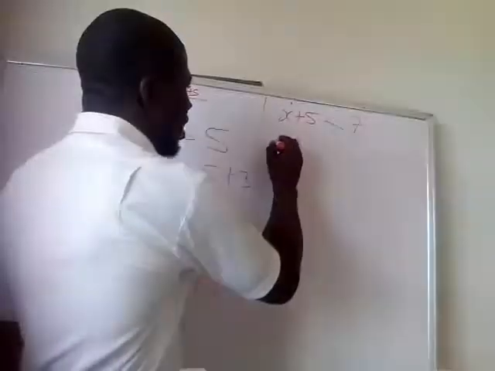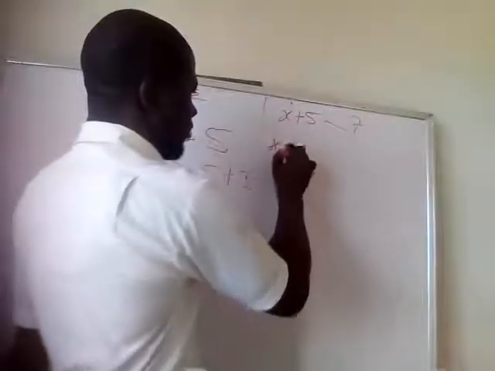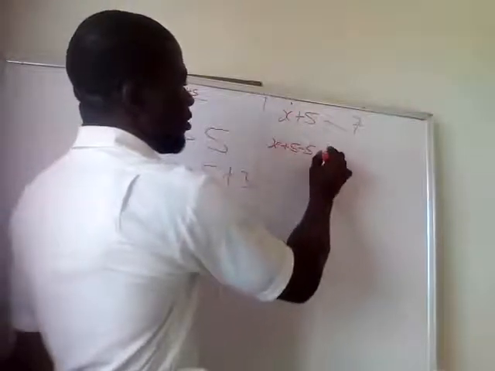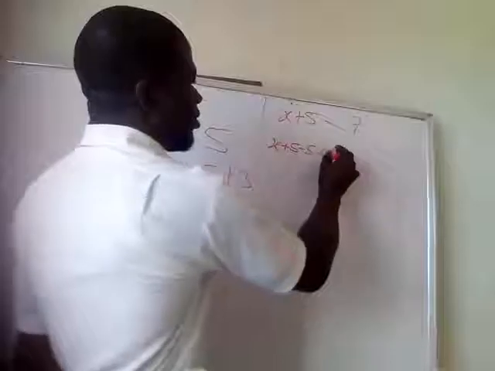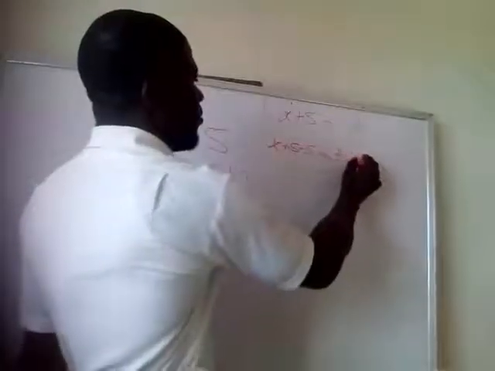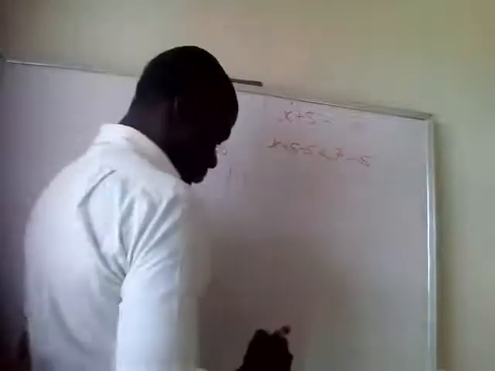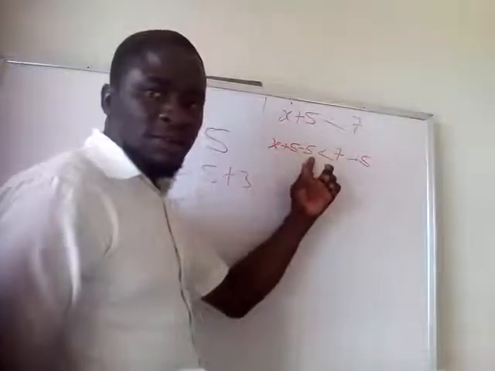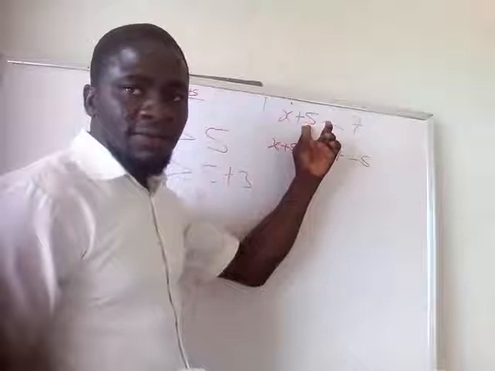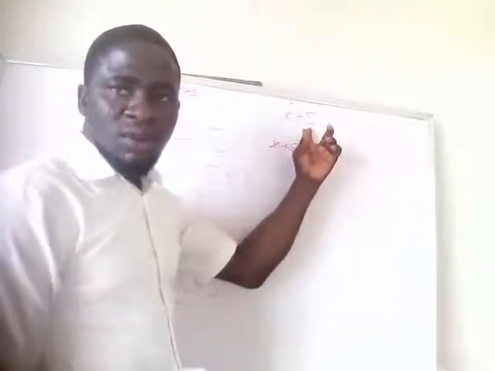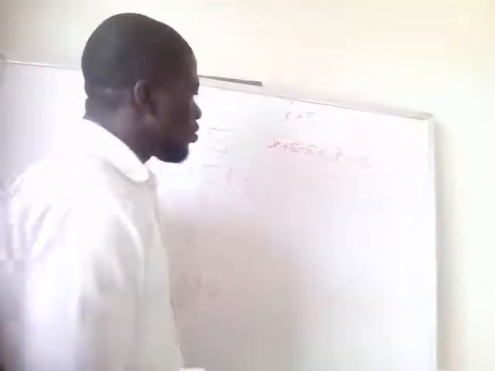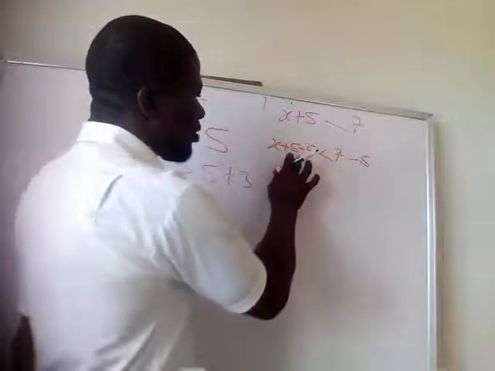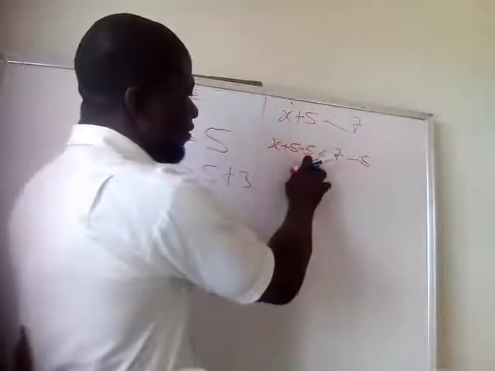So, we'll have x plus 5 minus 5 is less than 7 minus 5. That means 5 minus 5 will give me 0. We have removed this 5 using the balancing method. So we have here now that 5 minus 5 is 0.